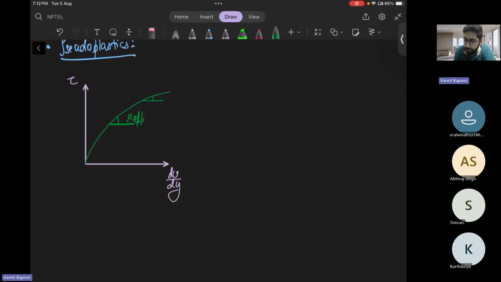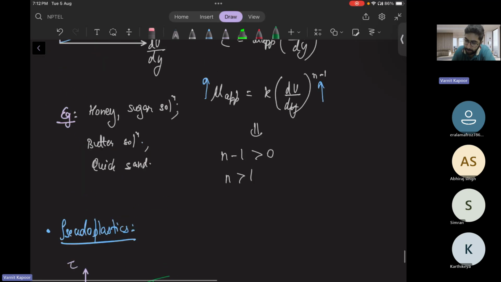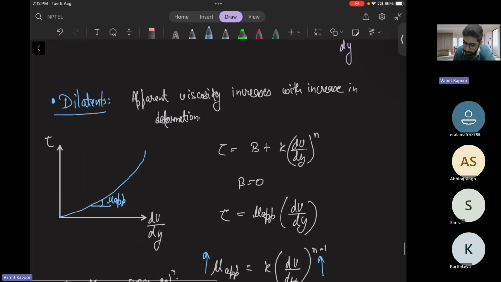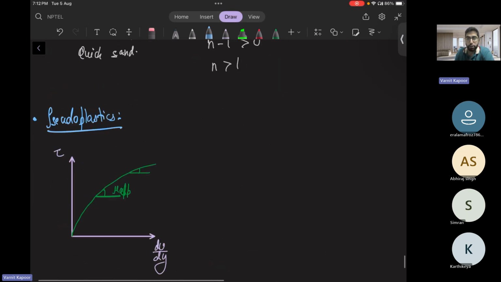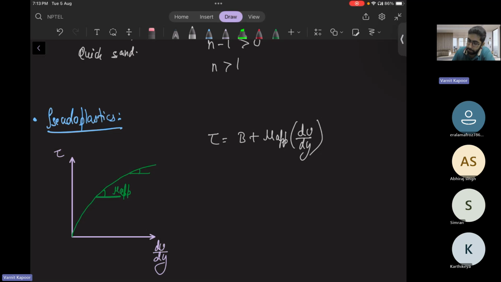Here it is higher, here it is lower. Whereas in the above scenario, it was initially higher, then again higher, much higher, like that. So here, tau is again b plus mu apparent du by dy. So b is 0 here again, starting from origin.